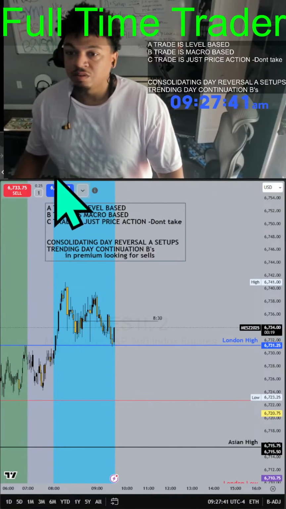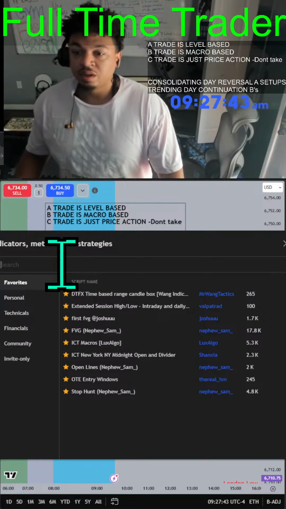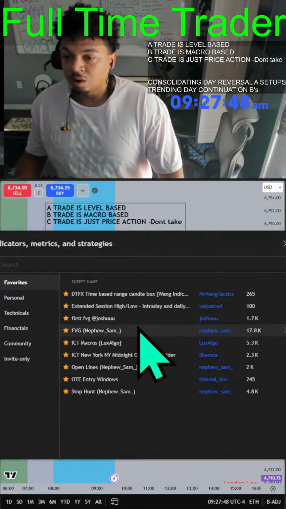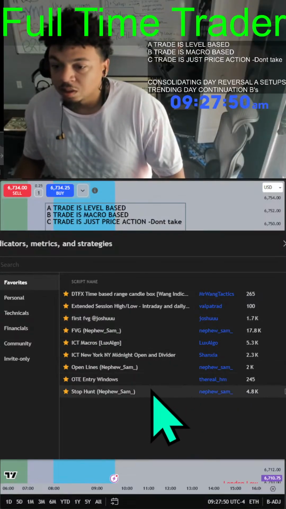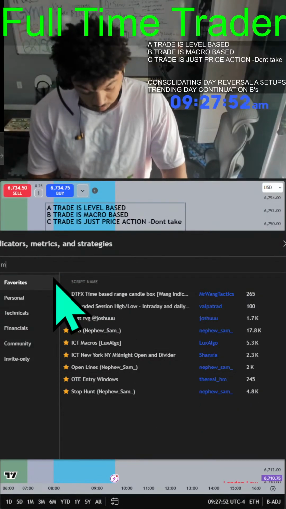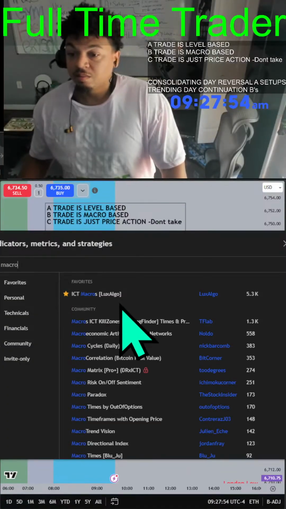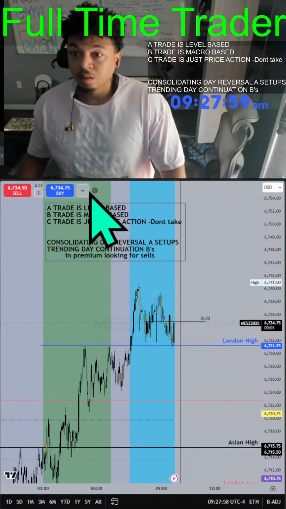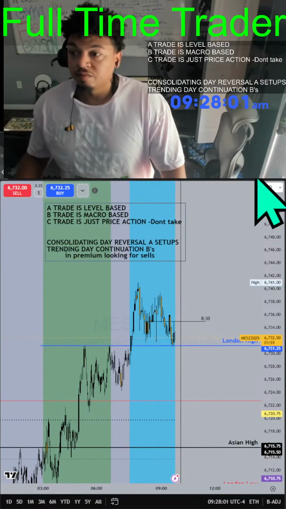Some of my indicators are acting very interesting today. But macros are, excuse me, ICT macro. Okay, we added that to the chart. Let's see if they're in a different place.